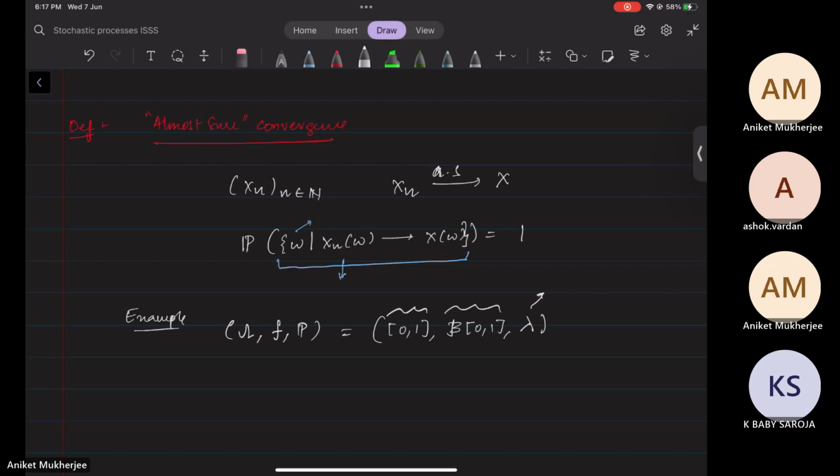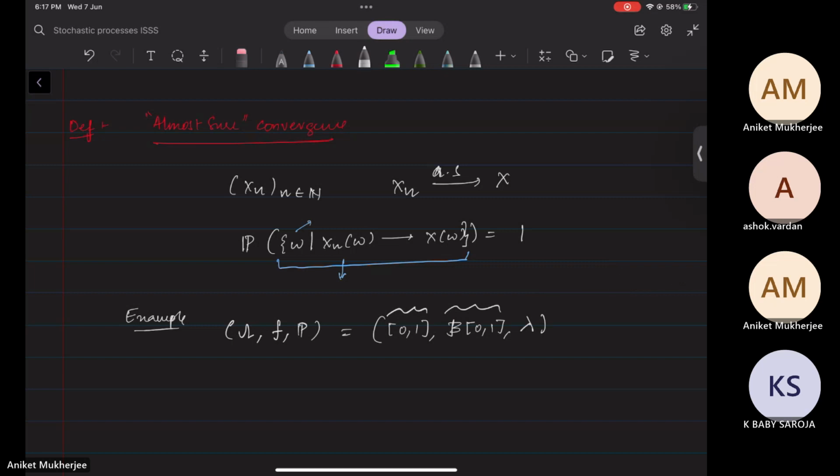So the probability measure is given by: your outcome omega could be anything between 0 and 1. What is the probability that omega belongs to (a,b)? This is b minus a, the interval length for a and b being between 0 and 1. So that is the Lebesgue measure.